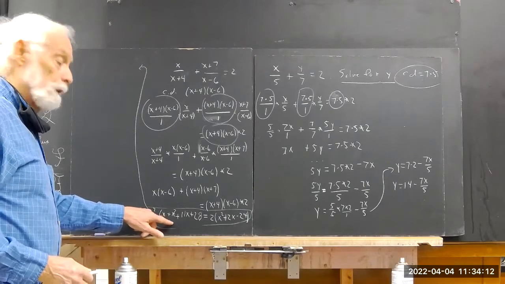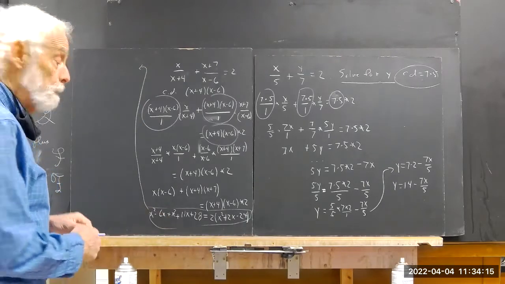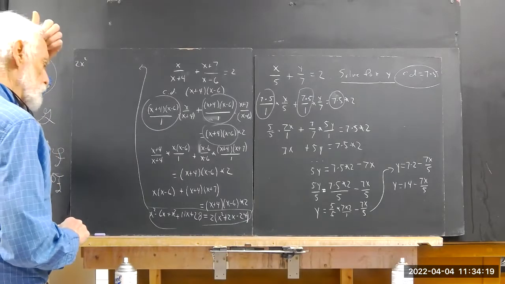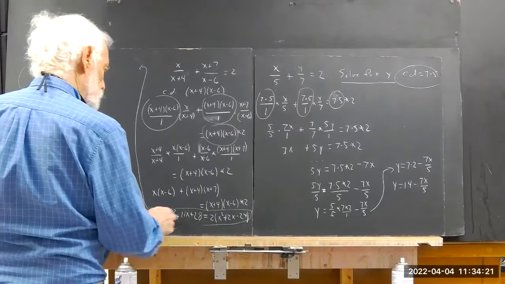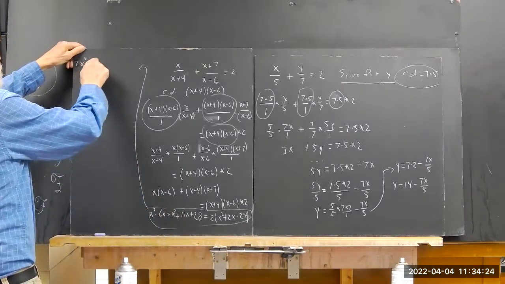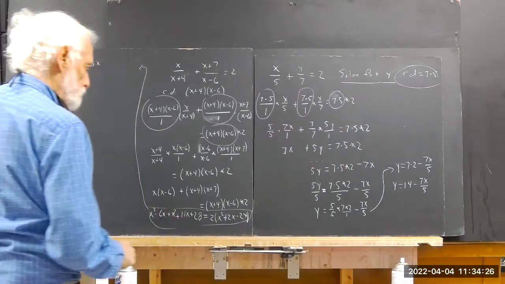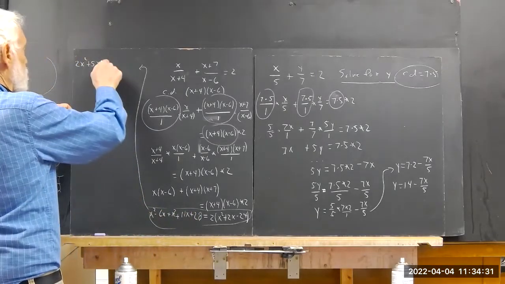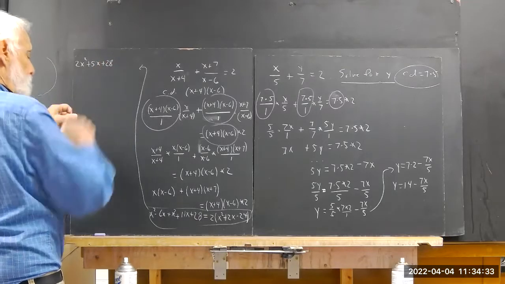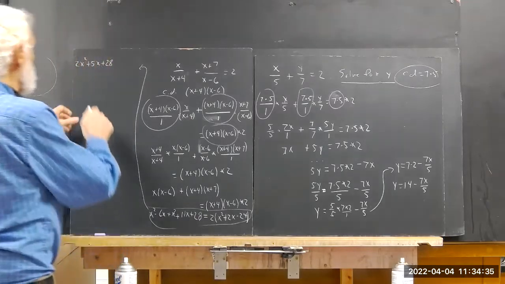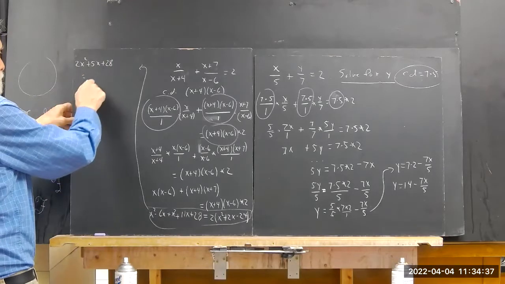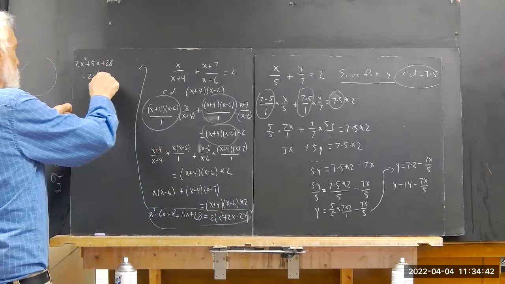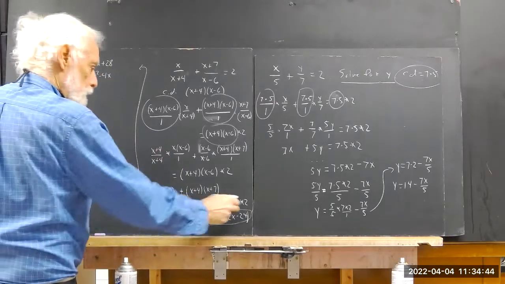We've got an x squared here and an x squared here. That's a 2x squared, right? And then we've got a minus 6x and a plus 11x, that's plus 5x. And then we've got plus 28, and that equals 2x squared minus 4x, and then minus 48.